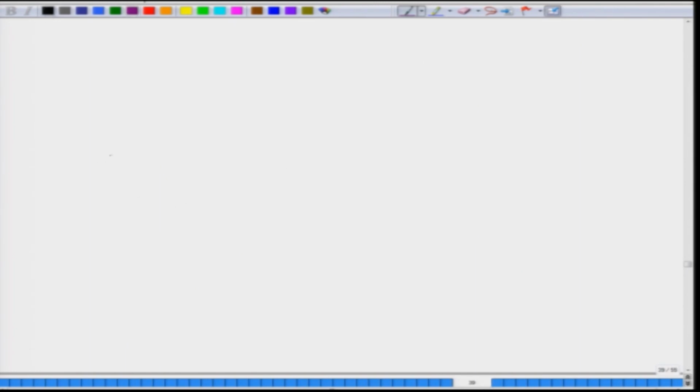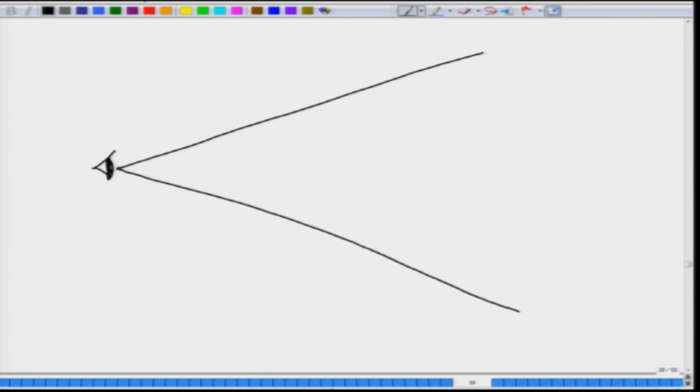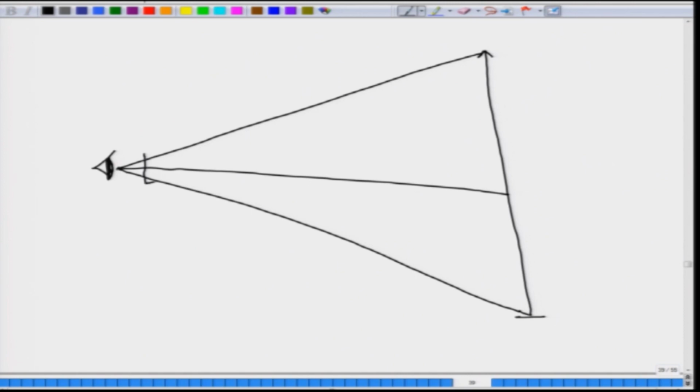So, what we are having in this case is that this is your eye, this is your hypsometer, this green line, this is your tree, and this yellow line, this is the rod.